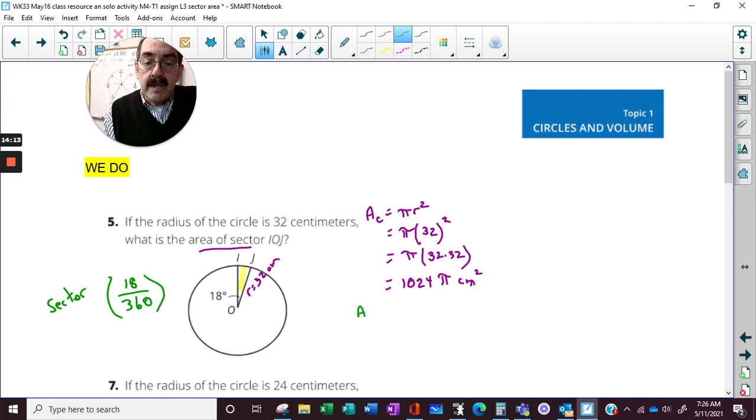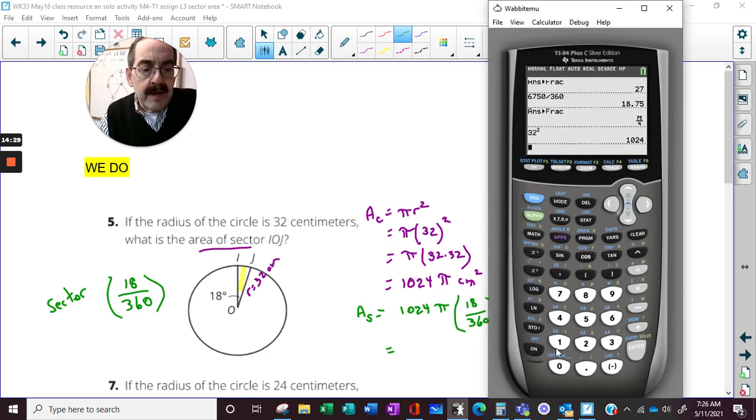So the area of our sector is 1,024 pi, and we only want 18 of the 360. Let's grab a calculator. 1,024 times 18, and let's see what happens when we divide that out. Perfect. It doesn't fit. Math, convert to a fraction. Boom, boom.